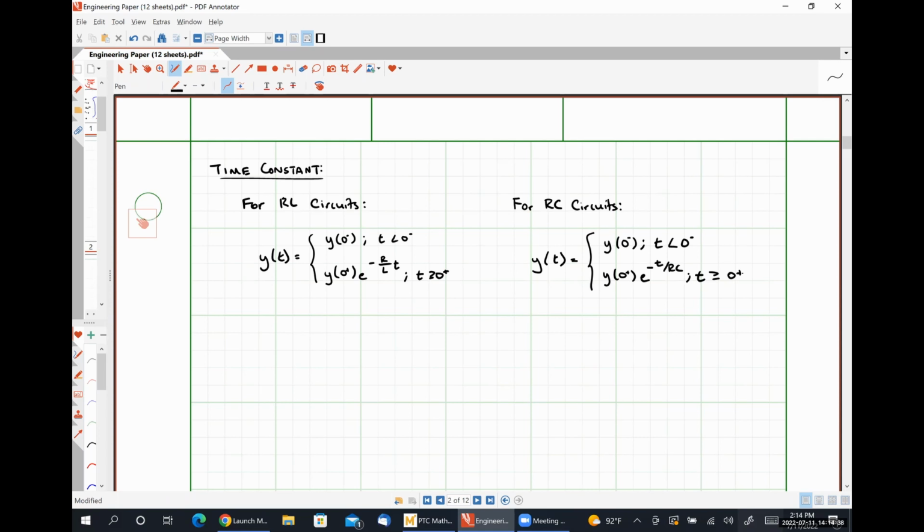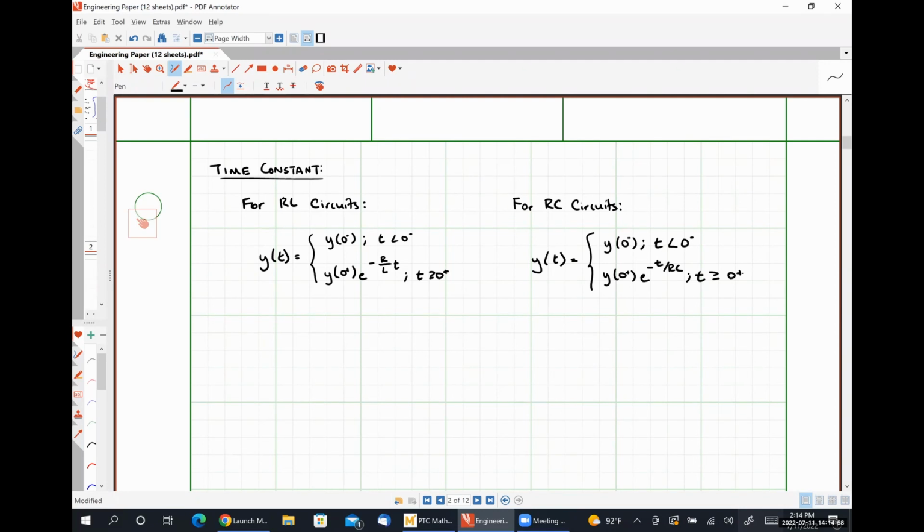These expressions are effectively the exact same thing. Okay? The only thing that changes is that little bit inside the exponential function that's acting on time, or the description of the rate of decay.